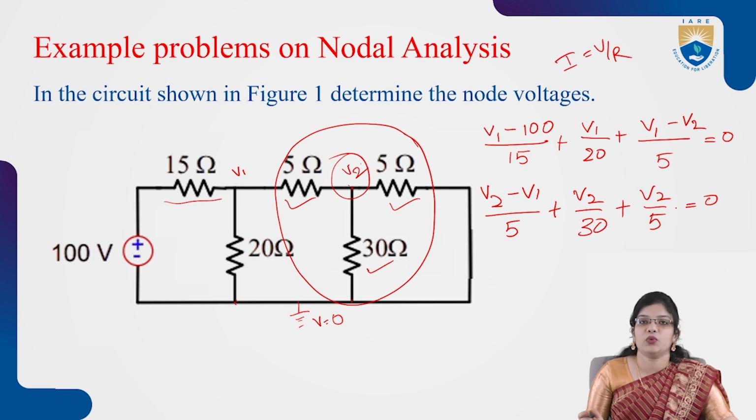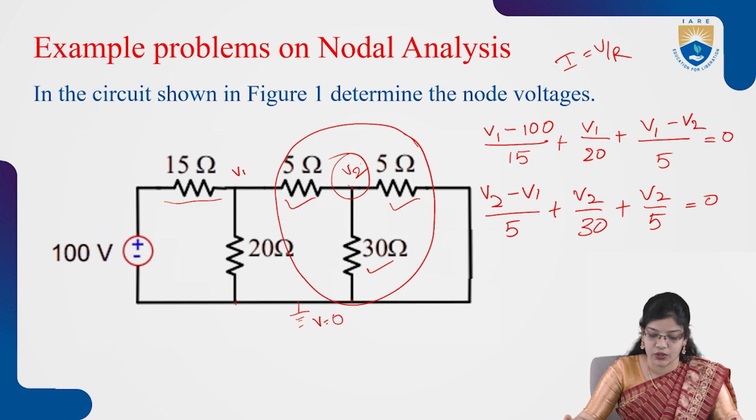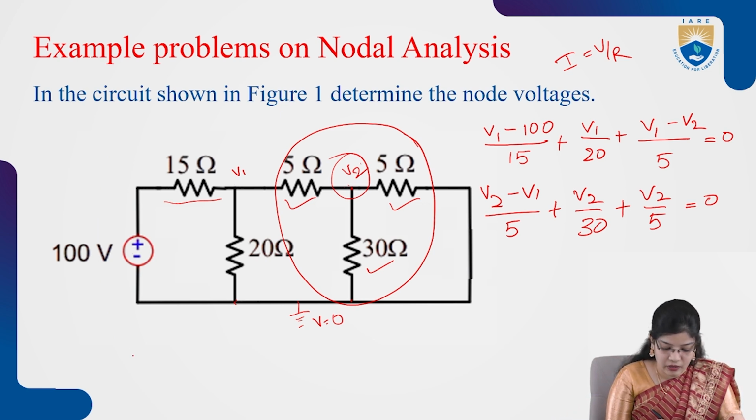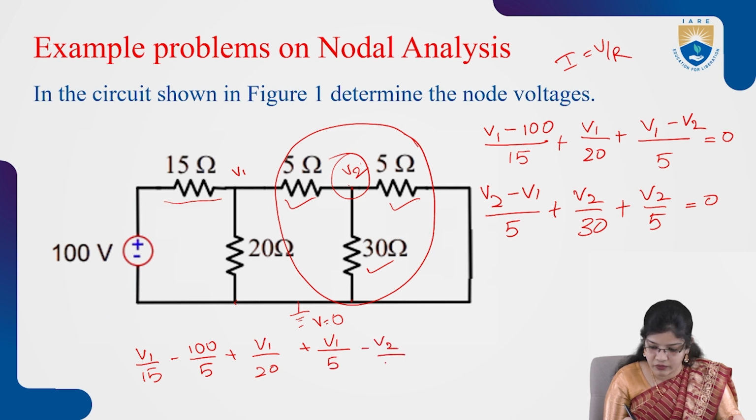Now I am going to calculate the values of V1 and V2. Before calculating, first we have to separate the values of V1 and V2. So this equation can also be written as V1 by 15 minus 100 by 5 plus V1 by 20 plus V1 by 5 minus V2 by 5 equals 0.